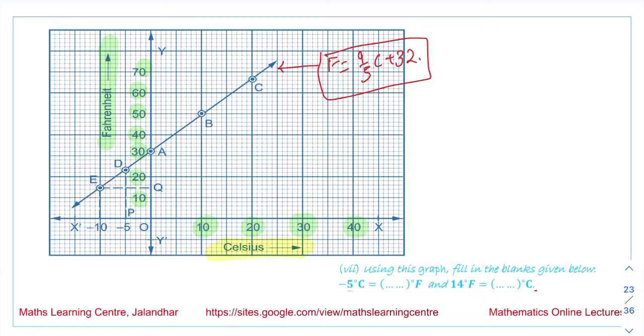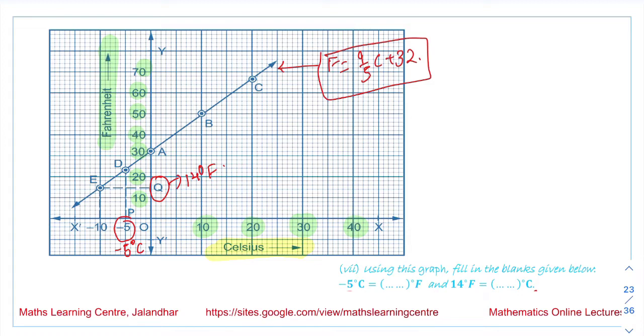Next, what we have to do is calculate the values at minus 5 degree and 14 degree Fahrenheit. This is minus 5 degree Celsius.